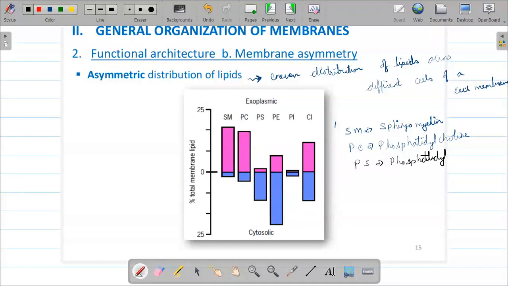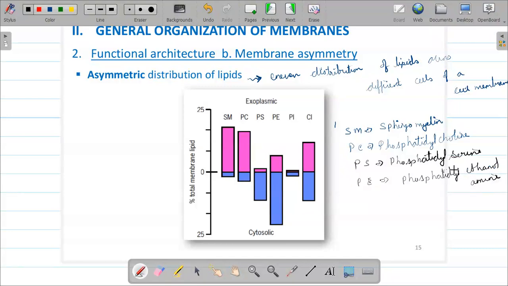Like this, we have CL and all of these, which are nothing but types of phospholipids. These names are enough for us, I think. What is PE? Phosphatidyl ethanolamine. Very good. So here you have an alcohol along with an amino acid.